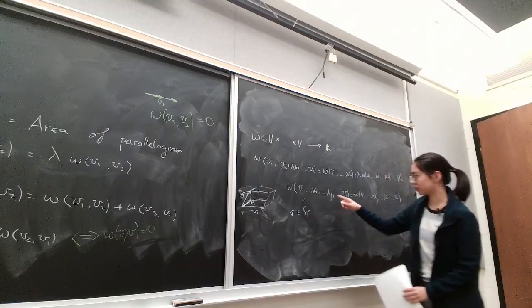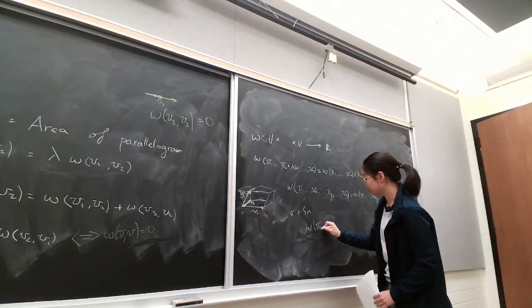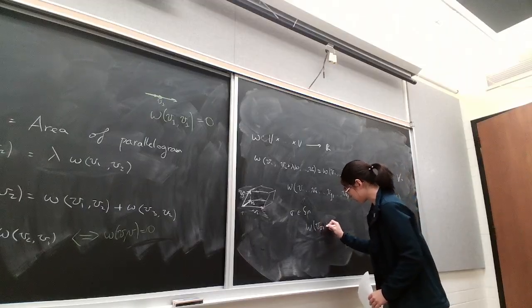So to write this more neatly, we can write omega of sigma 1 2.